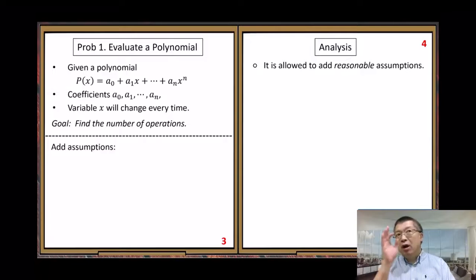The reason is the original problem is very vague in certain parts, with not sufficient information given. So we like to fill that part, but it should be reasonable.